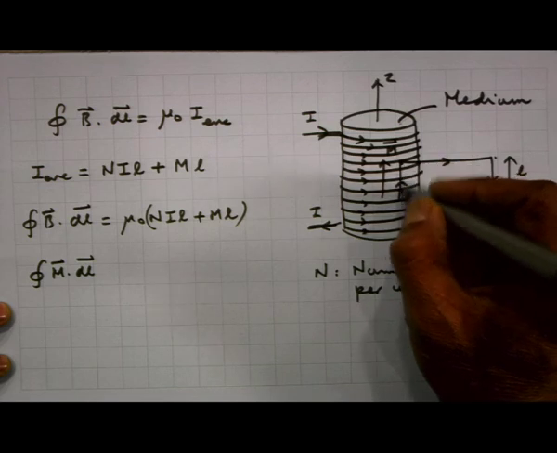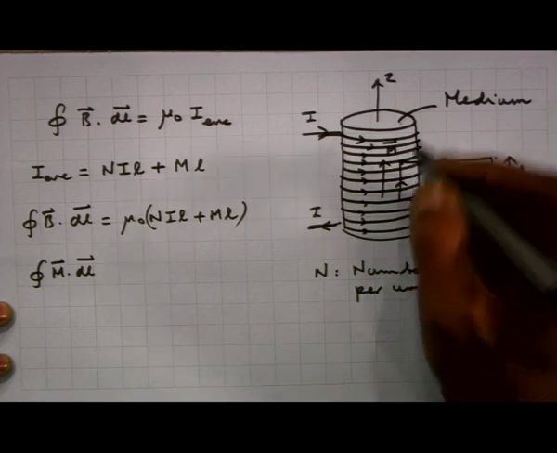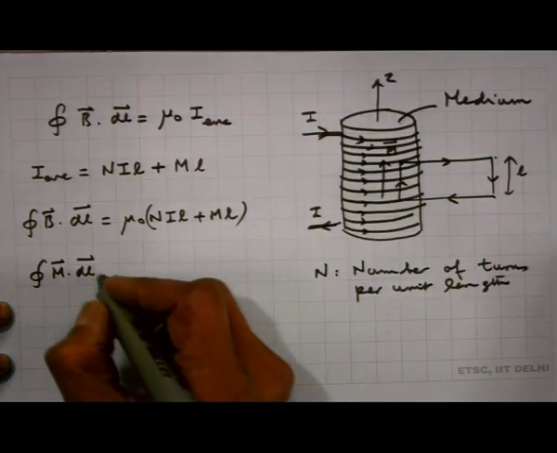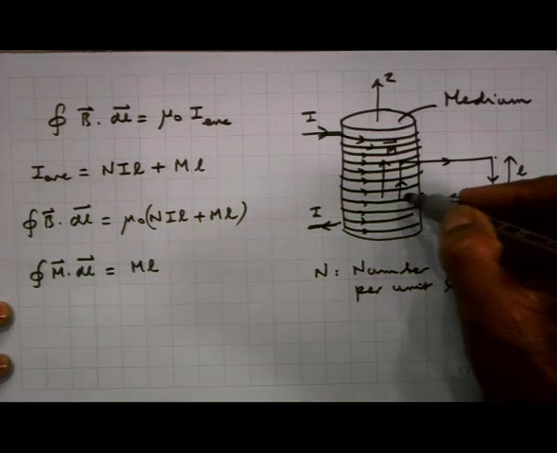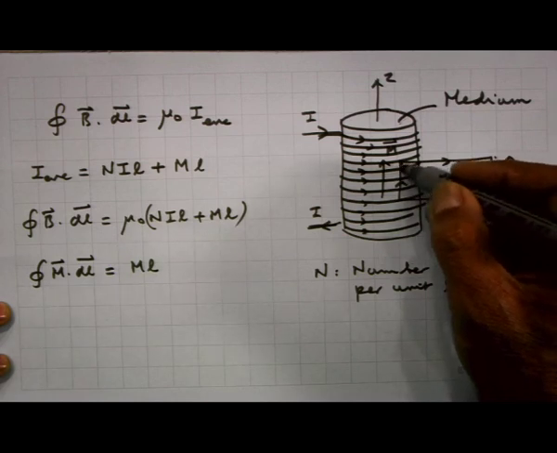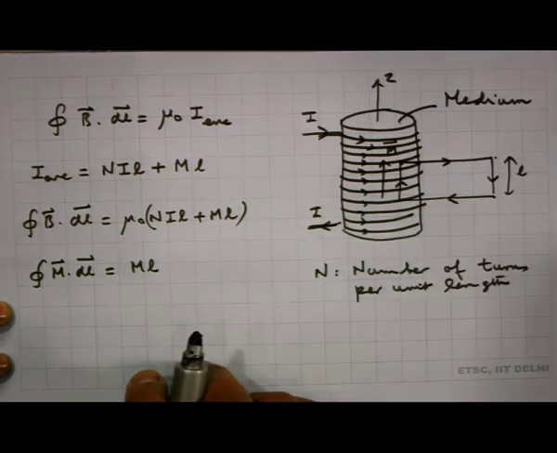of the loop, and along this length magnetization will be independent of position because of the symmetry of the problem. So, this will be simply equal to M times L, where M is the value of magnetization at this point times the length, because there is no contribution to the integral from the remaining 3 parts of the closed circuit.